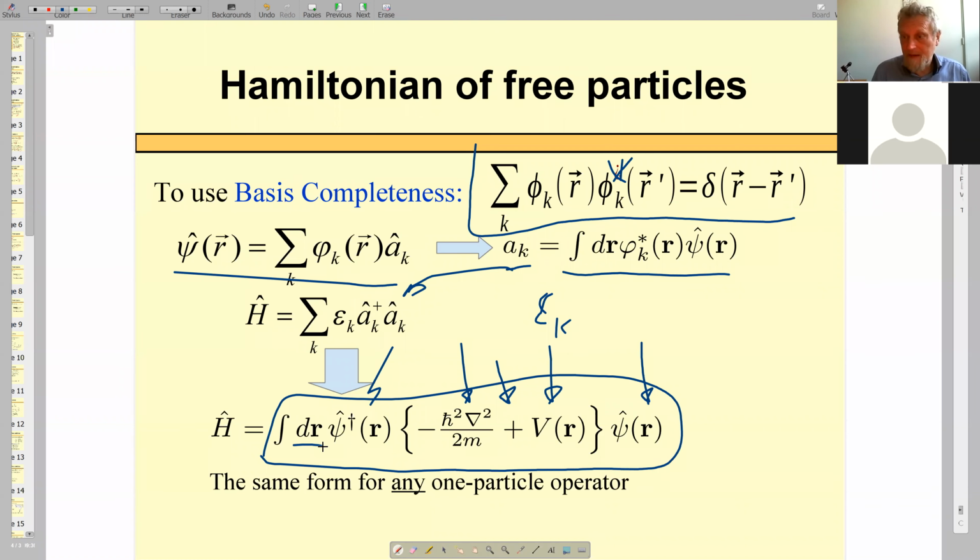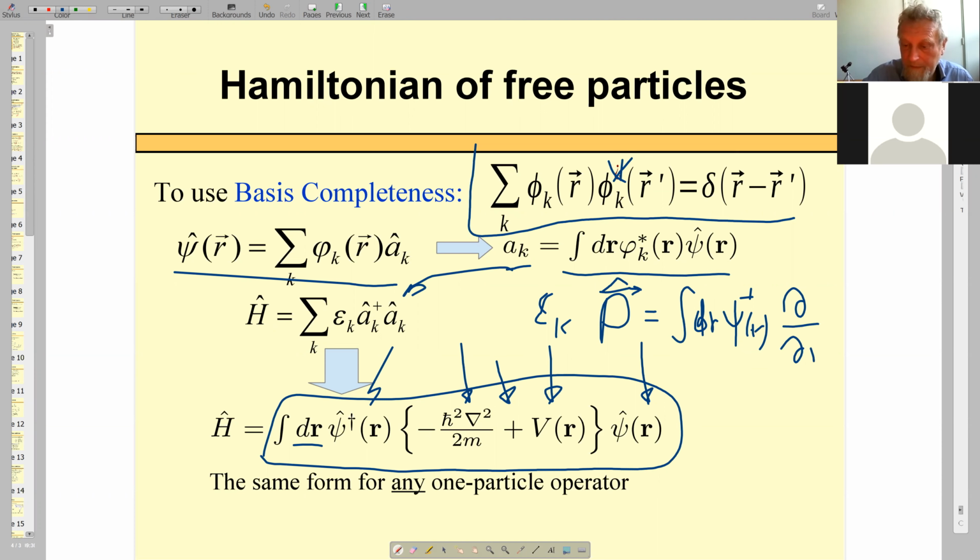For instance, if one thinks of the operator of momentum for all particles, one can make a summation over dr, operator psi of R, and now we have the operator of momentum in coordinate representation.